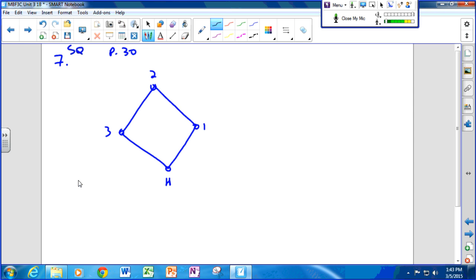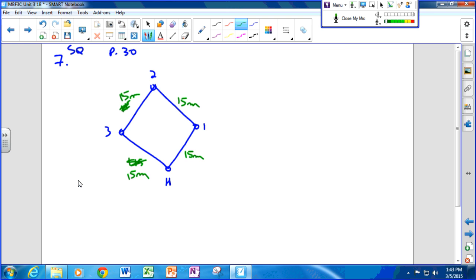Now they're 15 meters apart. So this is 15, right? And they're all 15 meters apart. That's what they're saying. I don't know if we need that or not, but that's what it says.